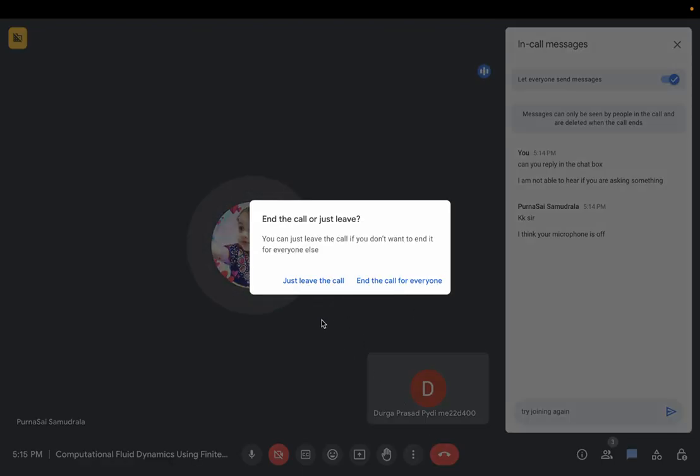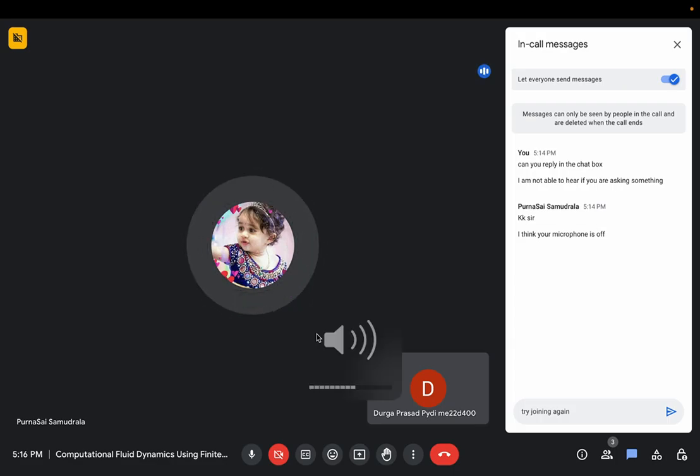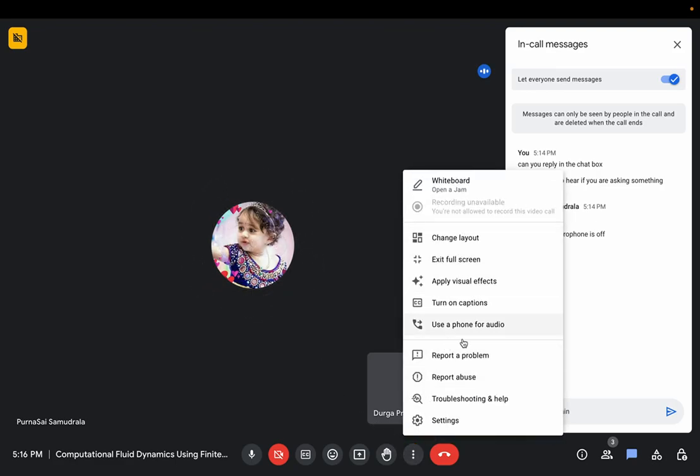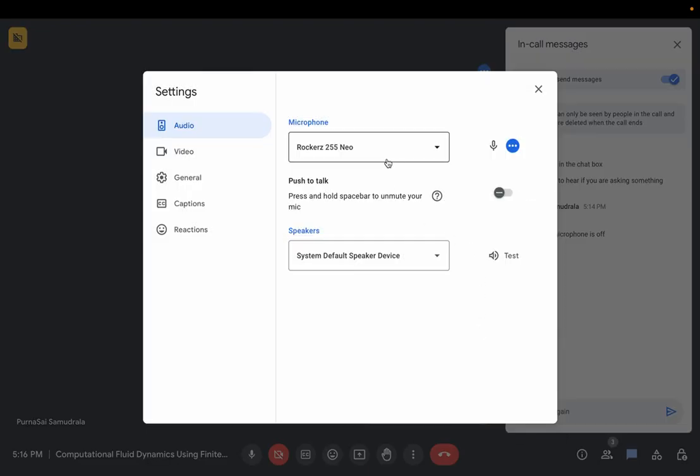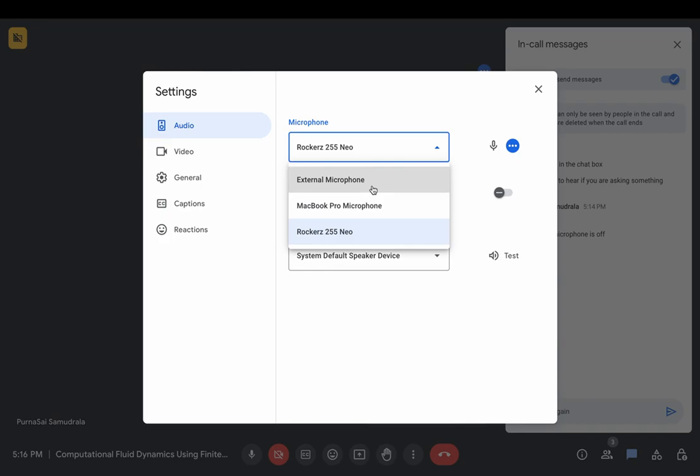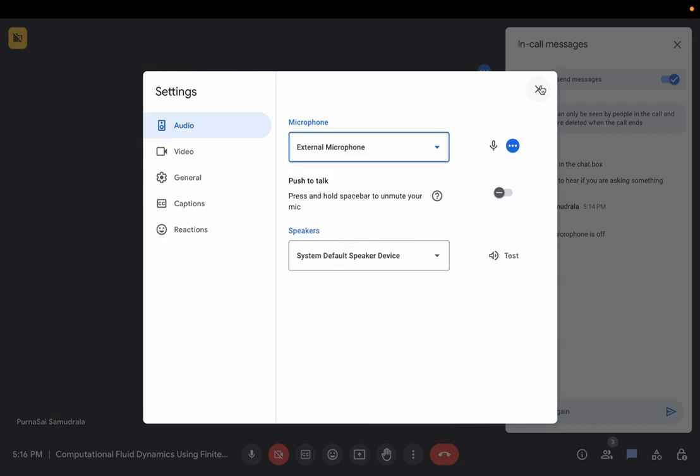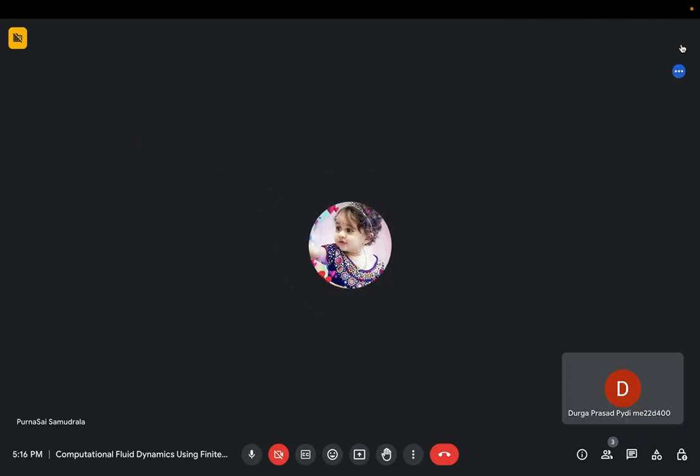Sir, your microphone is off, sir. I don't know why. I can hear you now, but you're not able to hear me. Yeah, is it audible now? Yes, sir. Now it is audible. Okay. So were you asking something previously? Did you raise a hand because you were not able to hear? Yes, sir. That's why I raised it. Okay.